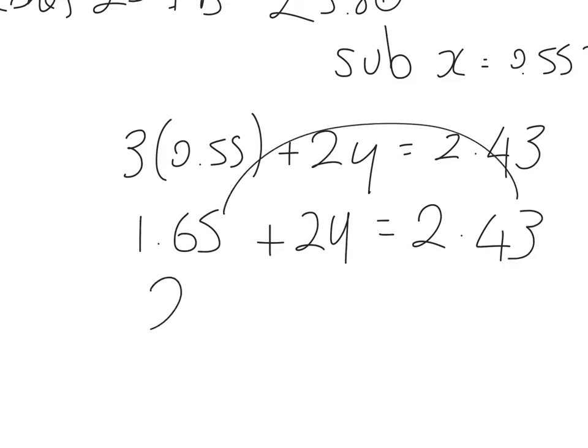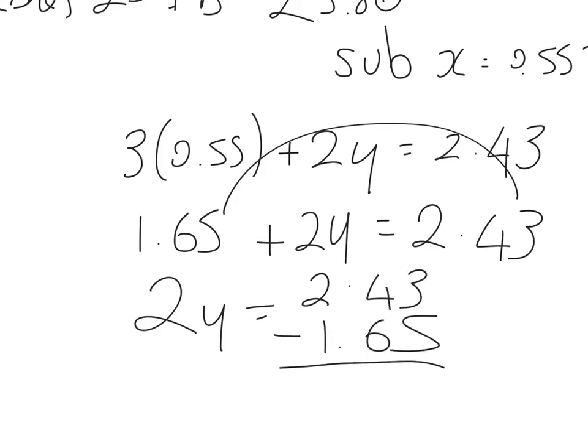Change side, change sign: 2y equals 2.43 minus 1.65. So 3 take away 5 can't do, borrow, 13 take away 5 is 8, 3 take away 6 can't do, borrow, 13 take away 6 is 7, and 1 take away 1 is 0.